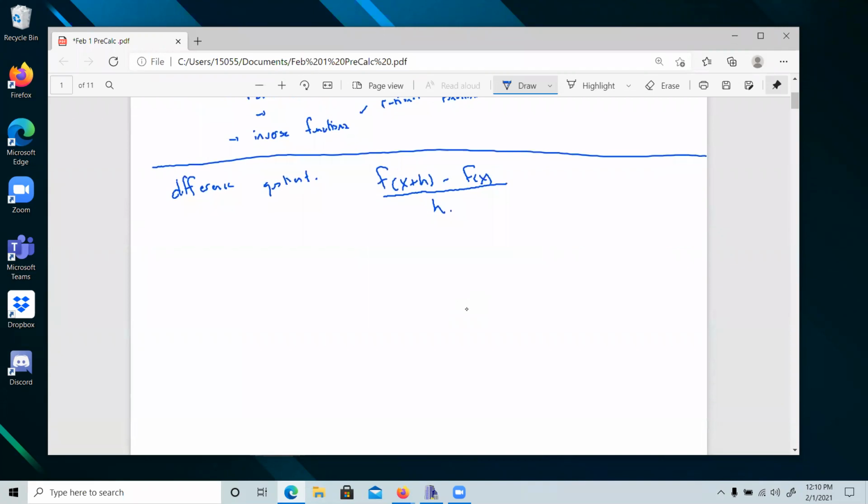And there's effectively 4 different flavors of difference quotients that your book asks you about. You could do a difference quotient on a quadratic. You could do a difference quotient on a cubic. You could do a difference quotient on a rational function, that'd be a fraction.